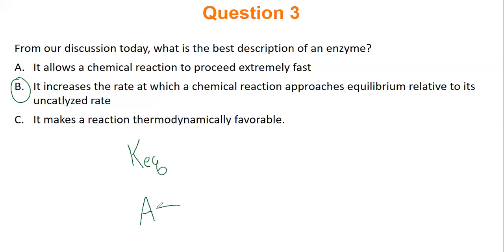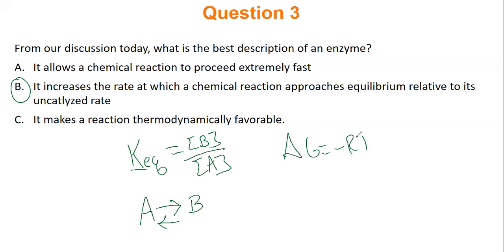If we have a reaction going from A to B and it's reversible, Keq is the concentration of B divided by the concentration of A. For every single reaction in the world, it has some value of Keq that says at equilibrium, the ratio of B to A is this. I'm getting a little bit off topic in my explanation here, but I just want to make sure I explain it fully.